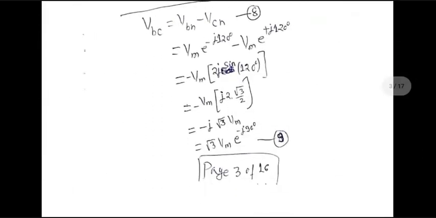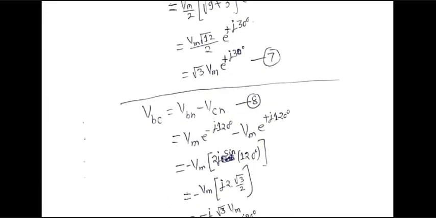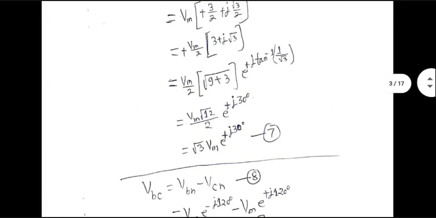Then you repeat the exercise for VBC, and you again find the same thing as far as magnitude goes. The magnitude of the line voltage VBC is square root of 3 Vm, but the phase shift is now minus 90 degrees. So you see a minus 120 degree departure from the other line voltage, VAB.